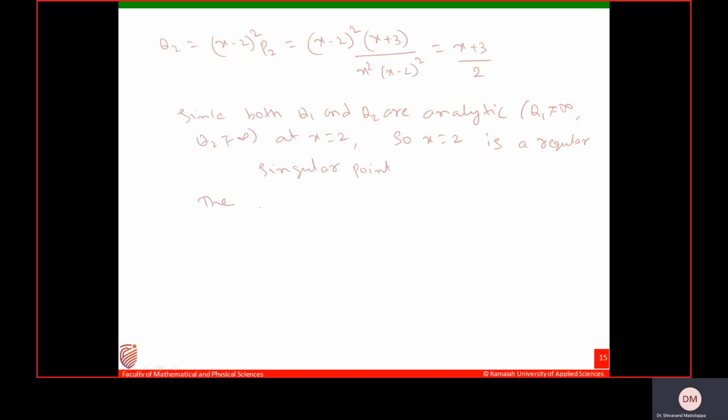The solution of a differential equation about a regular singular point can be obtained.